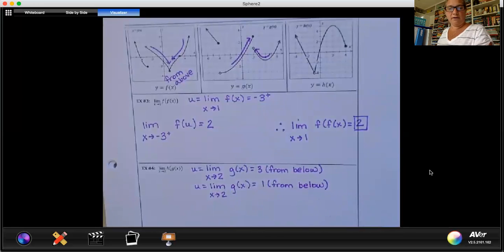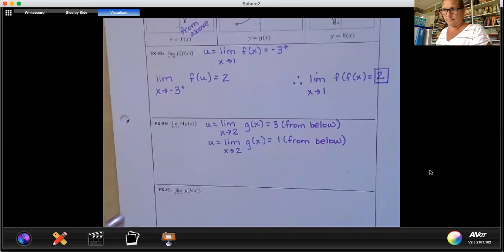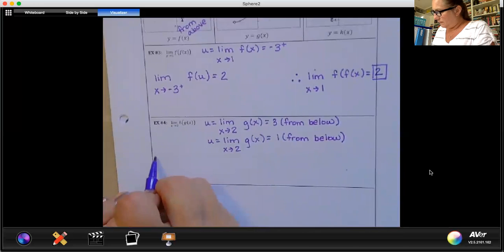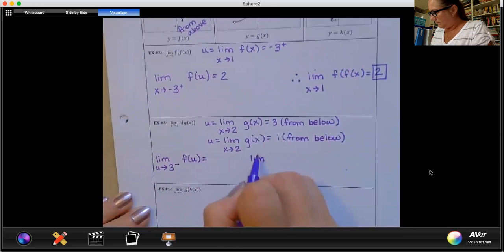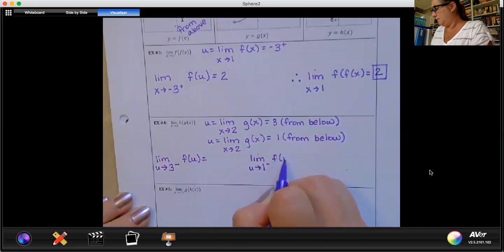Two different y values gets two different limits. So the limit as u approaches 3 from below of the function, and the limit as u approaches 1 from below of the function.